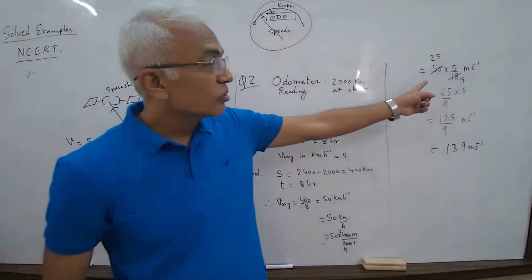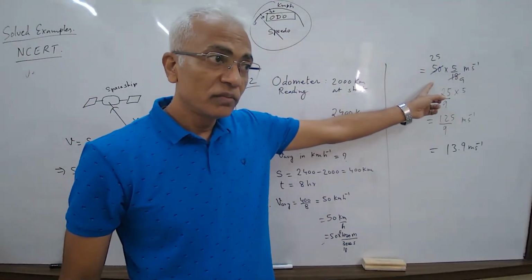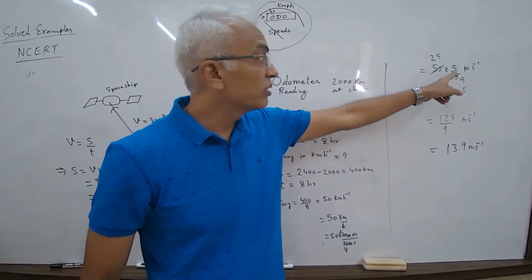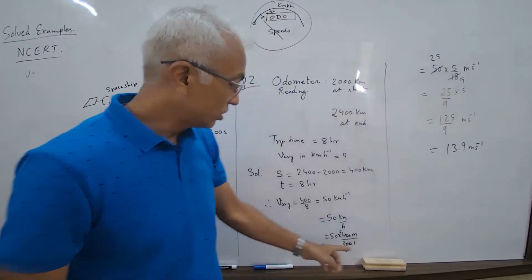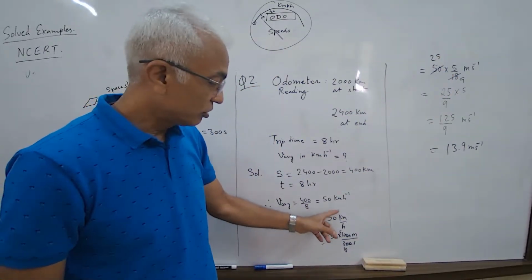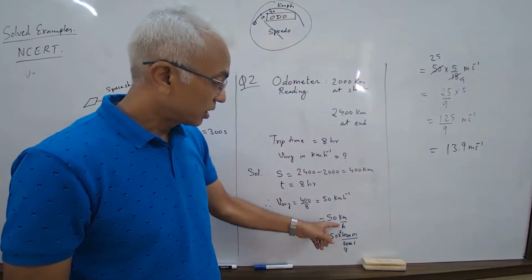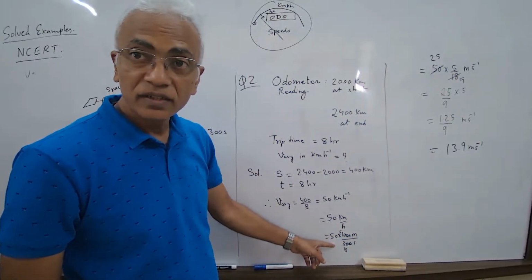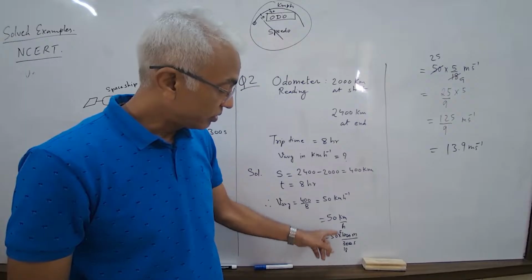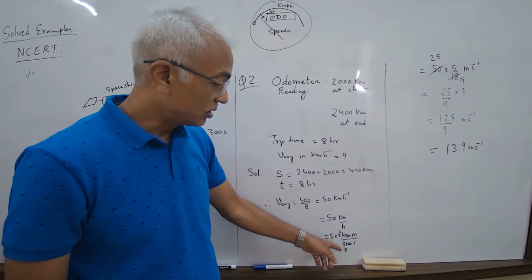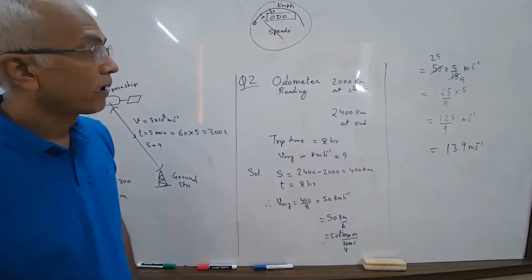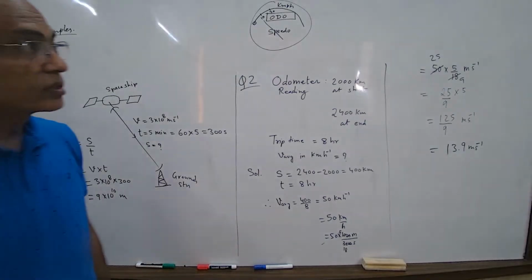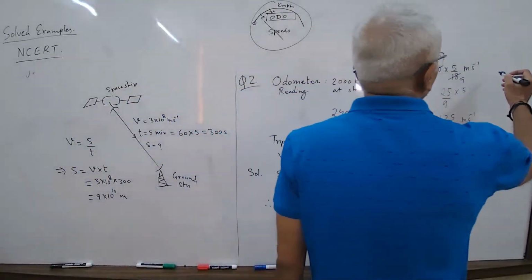So everybody understood how to convert kilometer per hour into meter per second? Multiply by 5 by 18. And how did we get 5 by 18? Because a kilometer is 1000 meter, and an hour is 3600 seconds. So when you simplify, 1000 by 3600 is 5 by 18. So this is a useful thing to know.